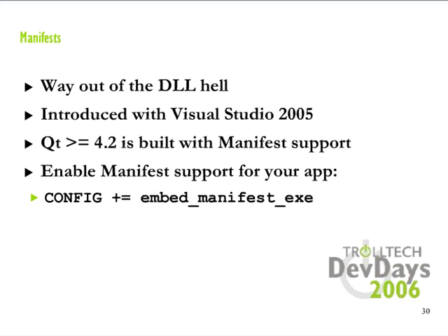Or you can force it to be enabled by saying CONFIG += embed_manifest_exe. So if you use qmake, it will automatically generate manifest files, which will tell the linker which libc Qt uses. And of course, your application has to use the same libc as Qt uses, otherwise you'll get this mix-up. So your application will refuse to load the wrong libc.